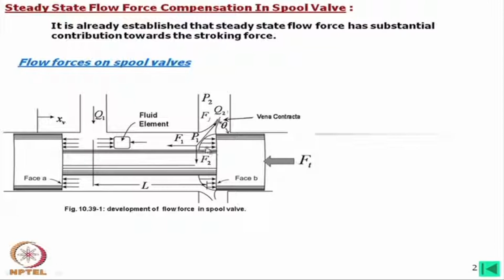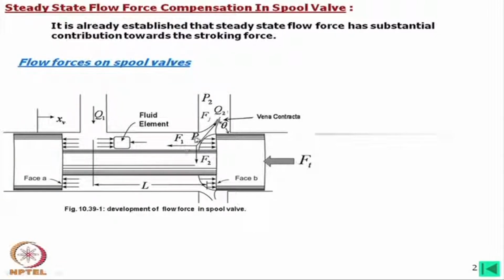Now, what is happening if we consider this spool? On that spool there is a force on this wall. This is the pressure force. Similarly, the same pressure force is in the opposite direction, in opposite face of another land. Then these two will be balanced.